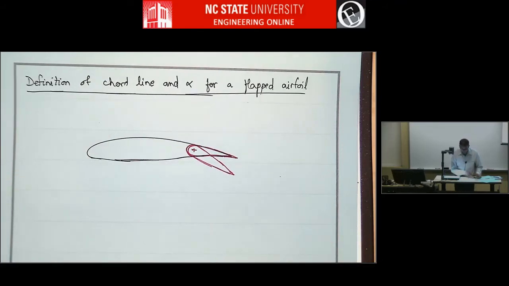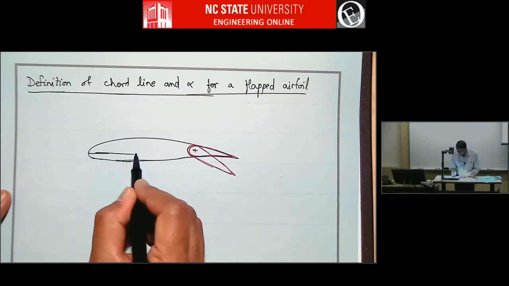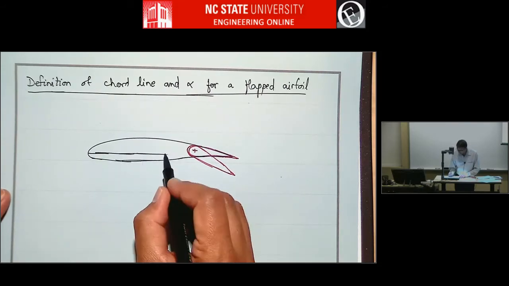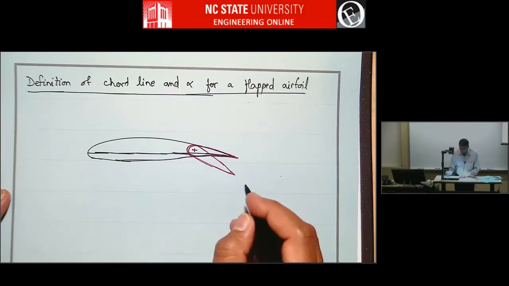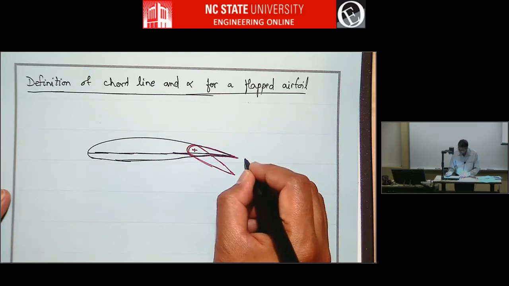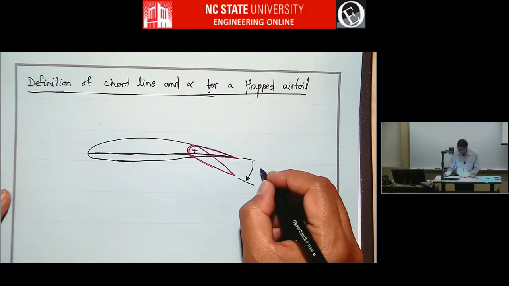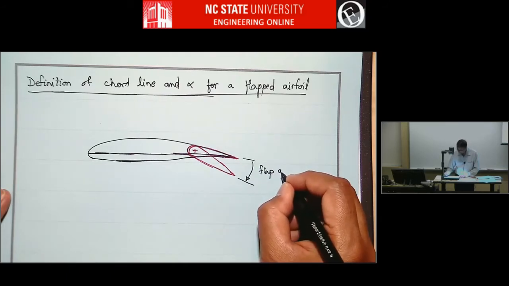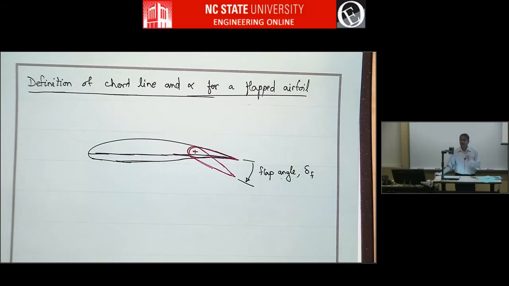So this is the chord line for the basic airfoil, the airfoil without the flap angle changed. Flap angle is 0. The way you define flap angle is, this is called flap angle, and it's denoted by the symbol delta F. If this is an elevator, it becomes delta E, and so on: E for elevator, R for rudder, A for aileron.